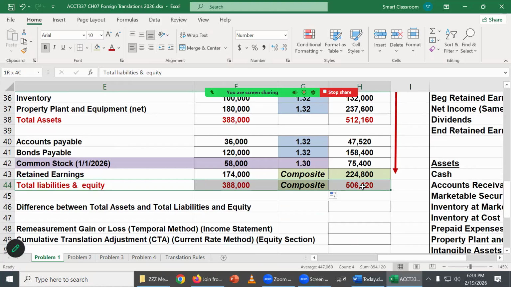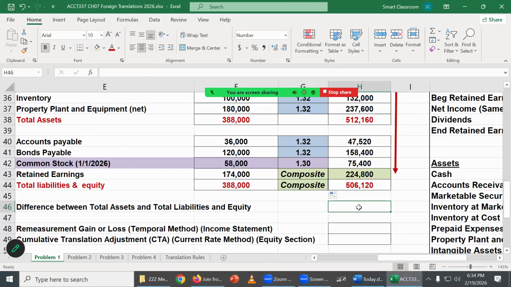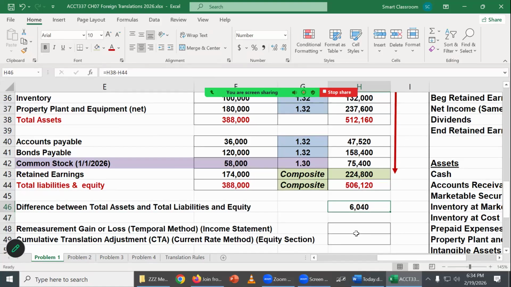So the question is, what's the difference? We're just going to subtract them. So 512,160 minus. Okay, the difference between the total liabilities and equity is $6,040.